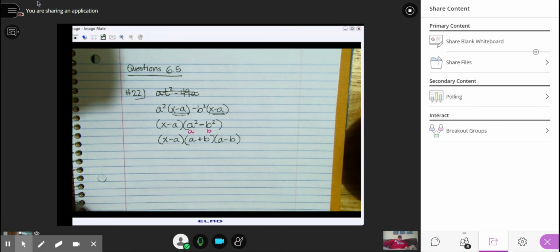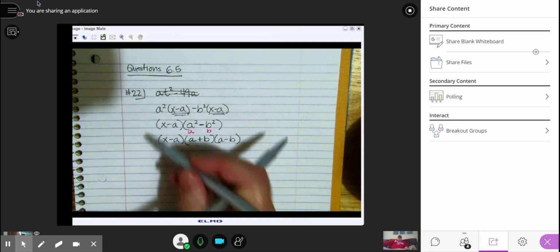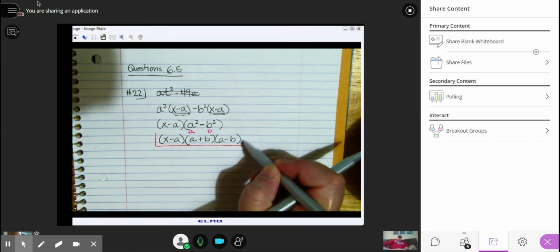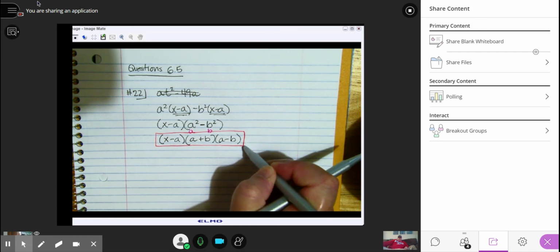These are all degree 1. There's no more squares or cubes left in the parentheses, and that's a clue that I'm done.